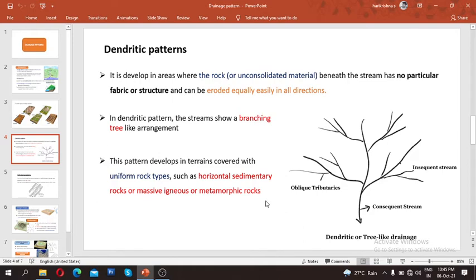You can see this dendritic pattern in horizontal sedimentary strata, in massive igneous rocks, and finally in metamorphic rocks. So in all kinds of rocks, metamorphic, igneous and sedimentary, you can have a dendritic, that is, tree-like, drainage pattern. Okay.